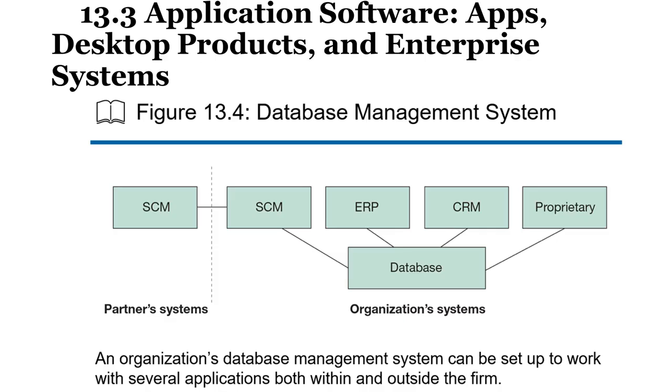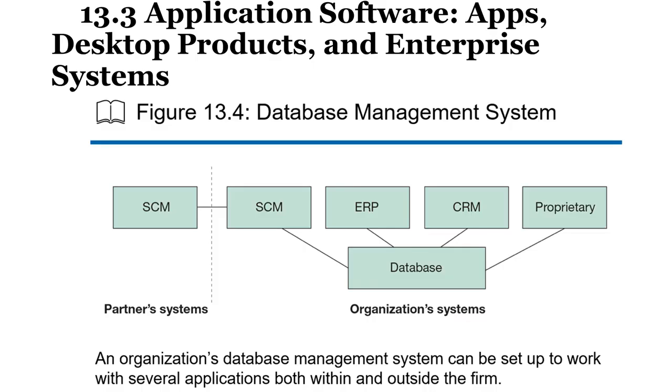Most enterprise software works in conjunction with a database management system, or DBMS, which stores and retrieves the data that an application creates and uses. Firms that don't have common database systems with consistent formats across their enterprise often struggle to efficiently manage their value chain.